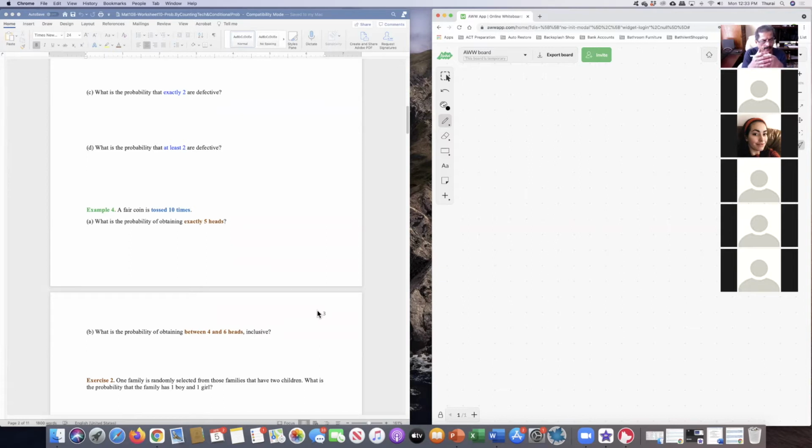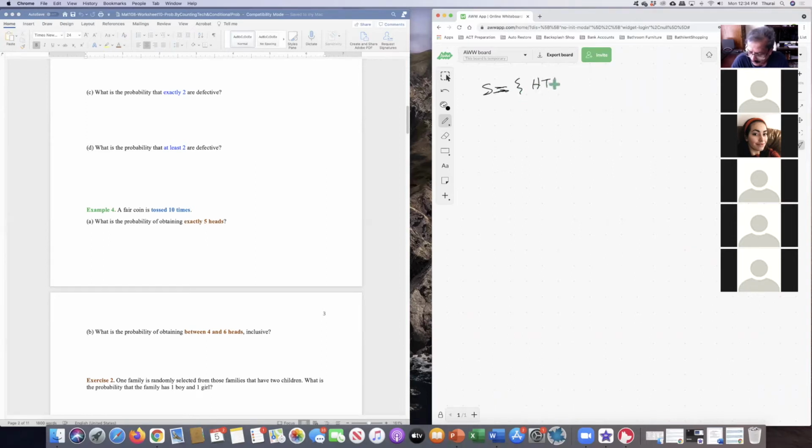That means you could toss it once and observe the outcome, toss it again, observe the outcome, and all those outcomes together, 10 of them, is your outcome. That's the same as saying toss 10 coins and observe the heads and tails. So your sample space is going to have basically 10 H's and T's.